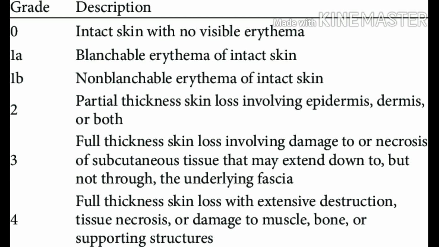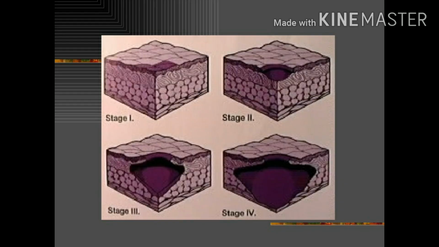And 4th, full thickness skin loss with extensive destruction, tissue necrosis, damage to muscle, bone, or supporting structures. This picture is showing different grades of bed sores. In coming slides, I will also be showing you the clinical pictures of different grades of bed sores.